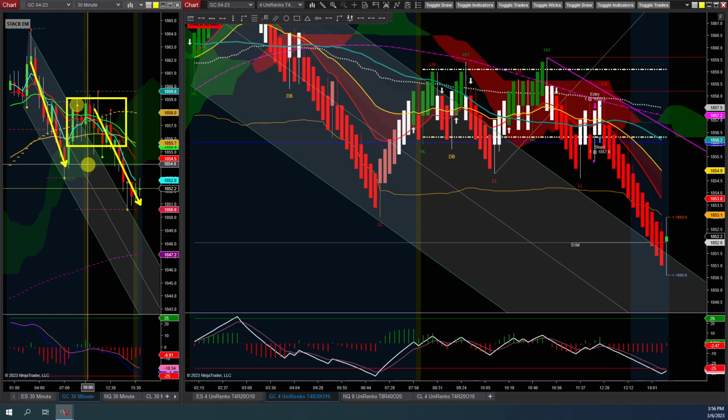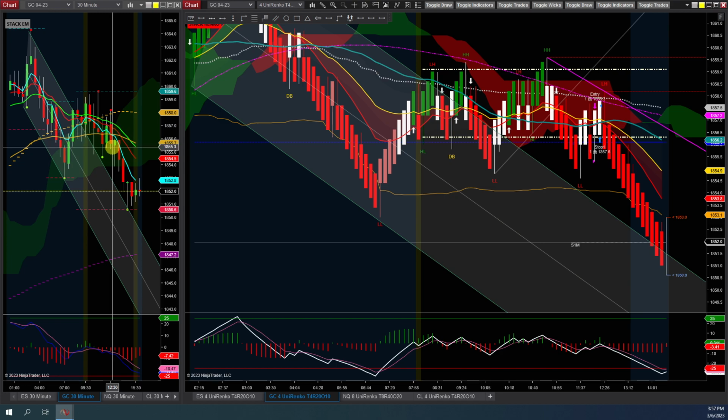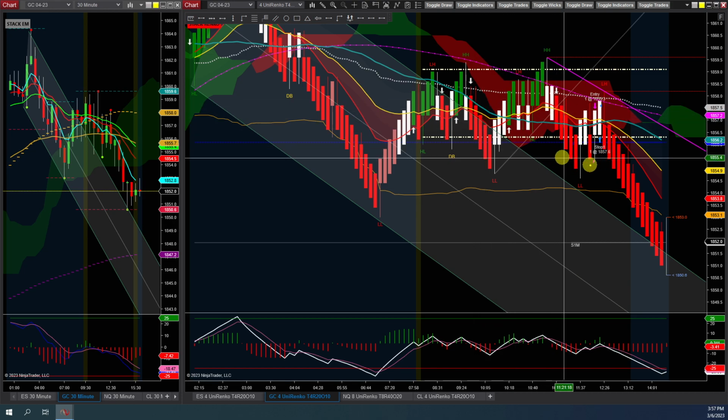I always point out all of these wicks that you see on top and the bottom. It shows you a lot of indecision in what the market was doing. So I did not make any trade in this area, but then I anticipated the break right there in that little candle. What I'm saying by anticipated is that I traded above these two lows, and that was a mistake. So it went back up, and I lost $230 on that one.